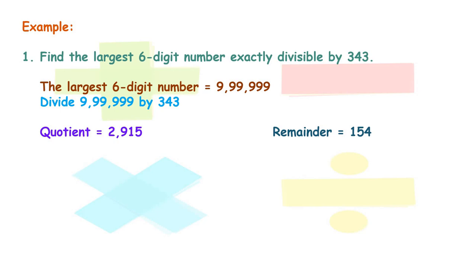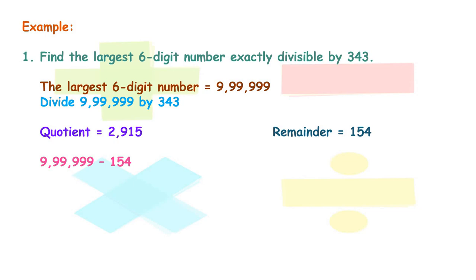Now if you remember, the division algorithm says dividend is equal to quotient into divisor plus remainder. So if we subtract the remainder from the dividend, then no remainder will be left. Then the dividend will be exactly divisible by the divisor, right? So same thing we'll do here.